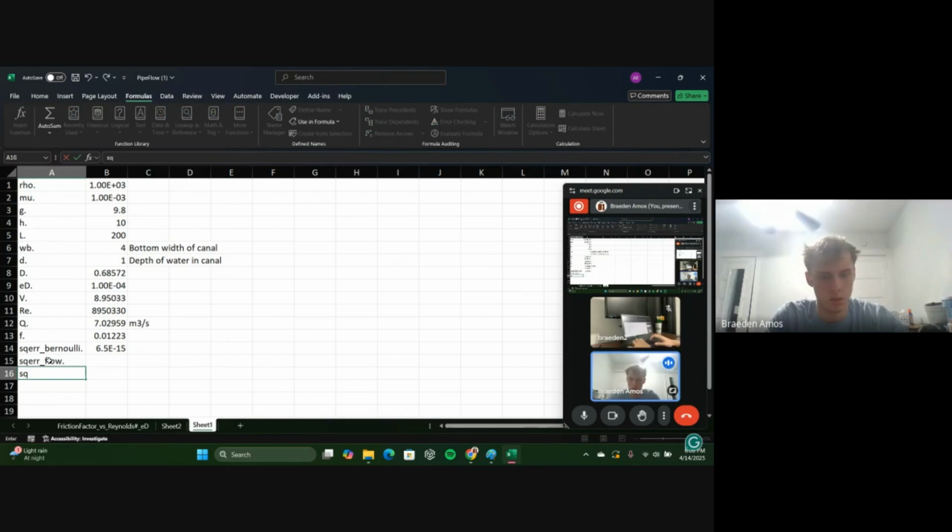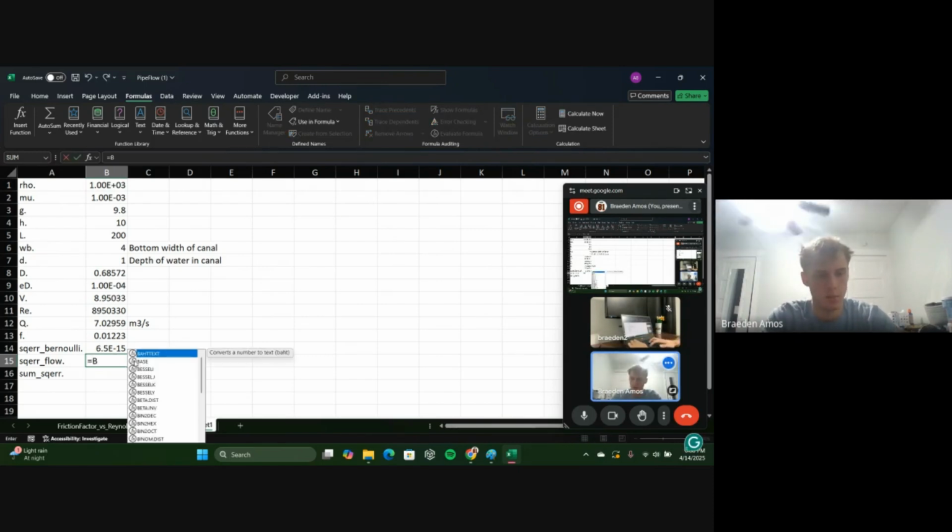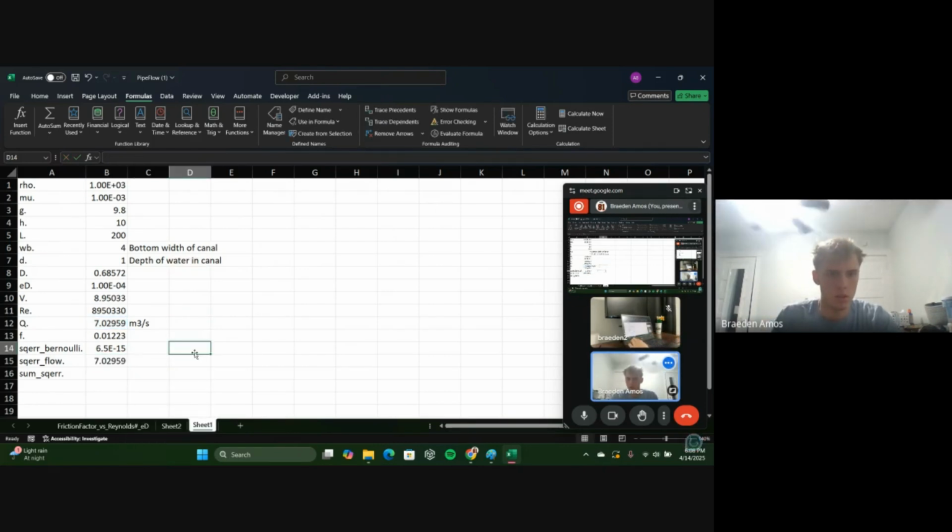Okay, so this is going to be equal to B12 minus D12. So this is going to be our target flow rate. Our target flow rate is 5.